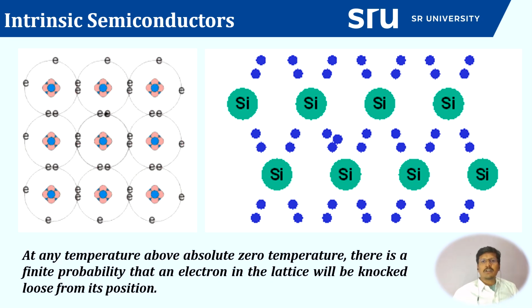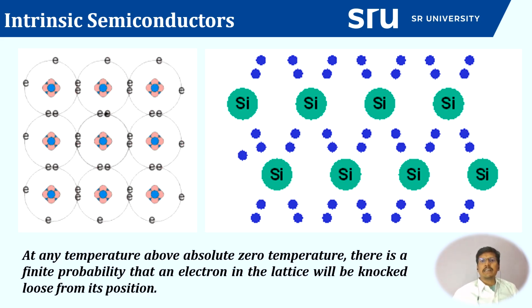So in the process of recombination, two important processes continuously occur inside the semiconductor. One is generation, the second one is recombination. At thermal equilibrium, the generation rate equals the recombination rate.